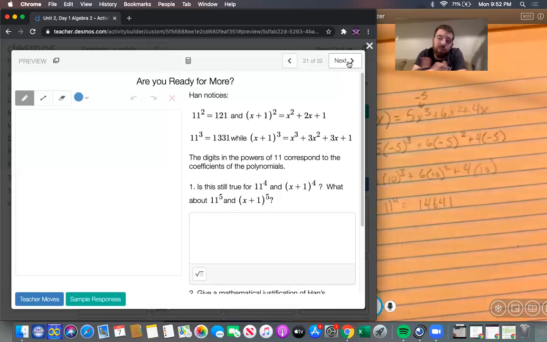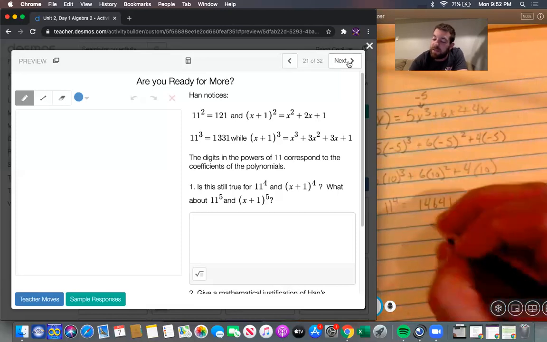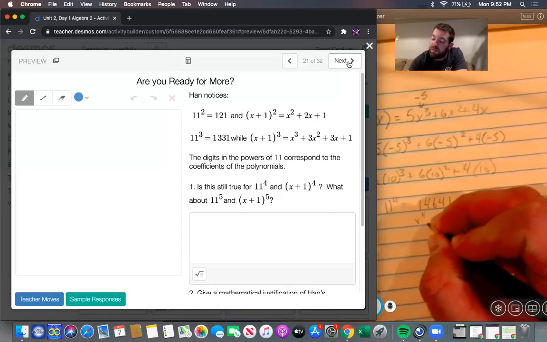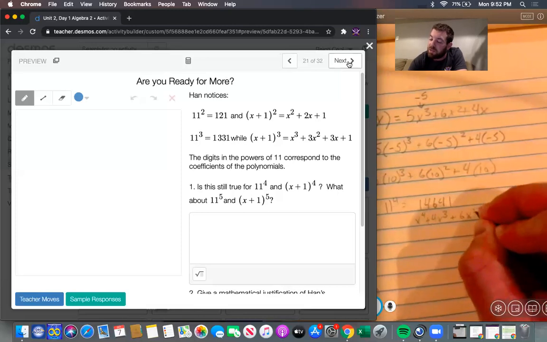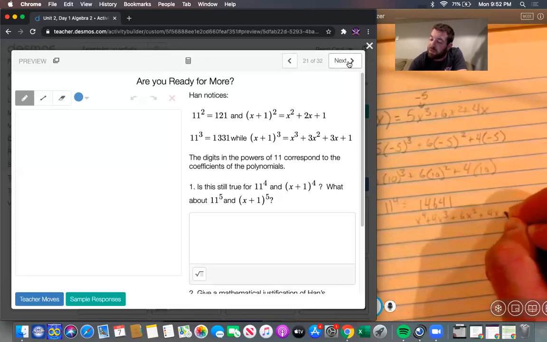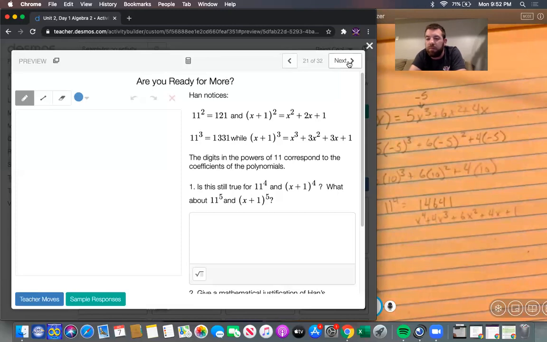And if we were to multiply out x plus 1 to the 4th, you would get x to the 4th plus 4x cubed plus 6x squared plus 4x plus 1. You would still get that same model.